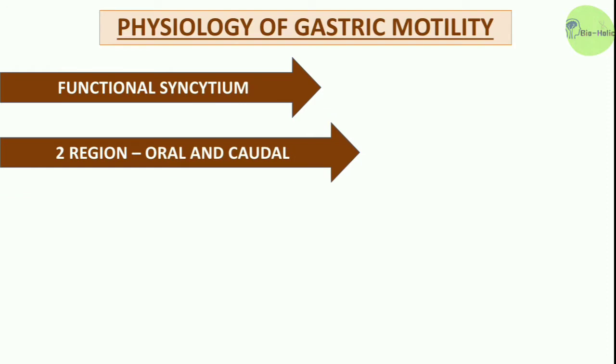It happens through two regions: the oral region of the stomach, which includes the fundus and the proximal body, and the caudal region, which includes the antrum and the distal part of the body of the stomach.